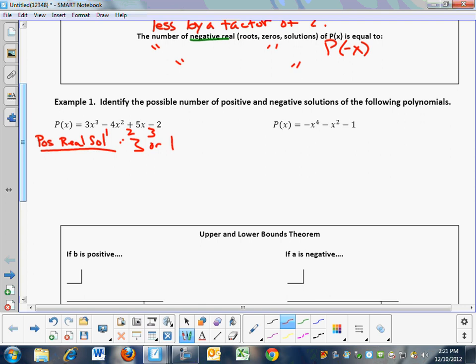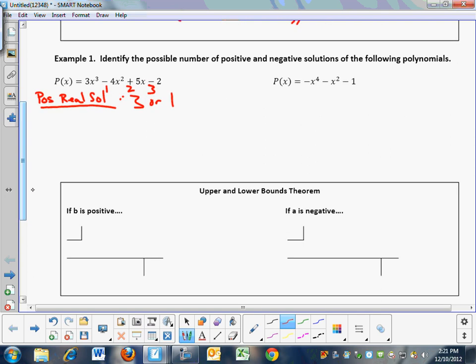Let's suppose that there were 7 sign changes. Then the number of positive real solutions would be 7 or 5 or 3 or 1. Let's suppose that there were 177 sign changes. You'd go 177, 175, 173, and so on and so forth.